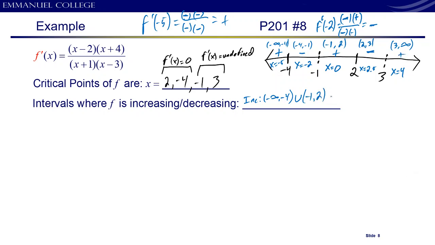And then I said that would be positive. So then lastly, union 3 to infinity. And then decreasing is going to be all the leftover intervals. So negative 4 to negative 1, union 2 to 3.